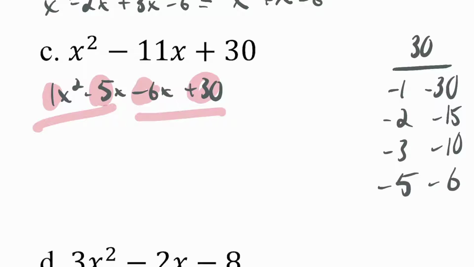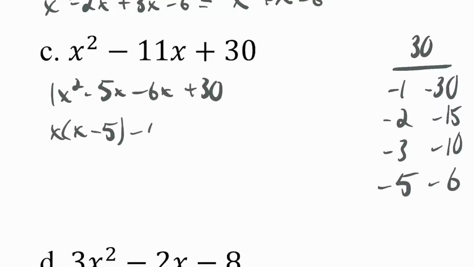So I need to factor out a -6 from the second group. So I will have x times x minus 5, minus 6 times x minus 5, of course.